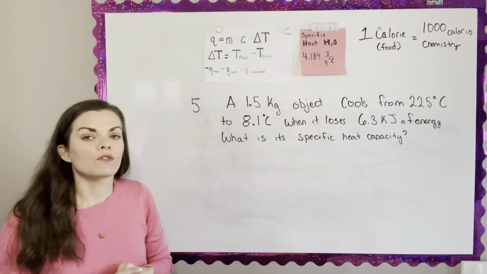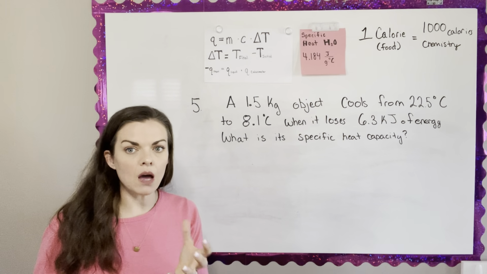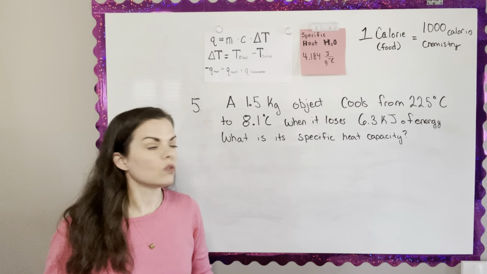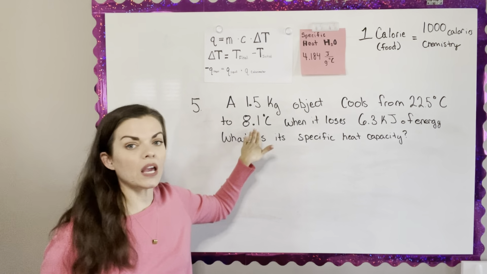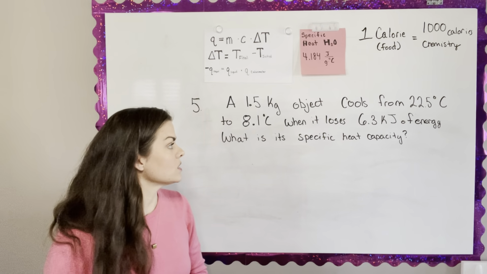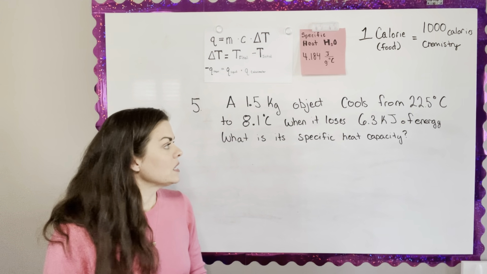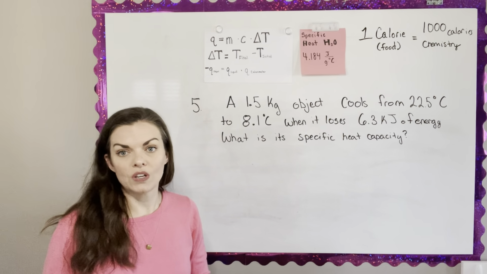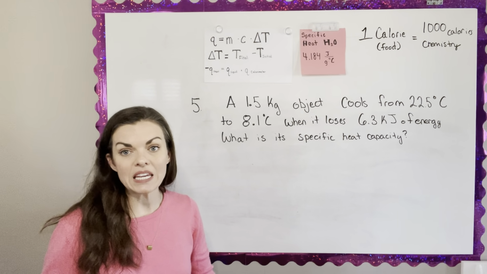And so for this one, we have a 1.5 kilogram object and it's been heated up. And now it's cooling down. And so it's going from 22.5 degrees Celsius to 8.1 degrees Celsius. And as it's doing that, it's losing 6.3 kilojoules of energy. And the question is asking, what is the specific heat capacity?